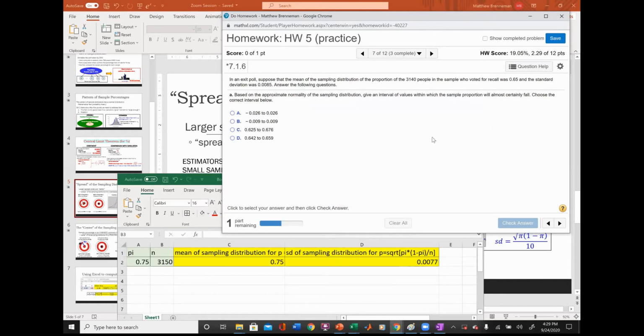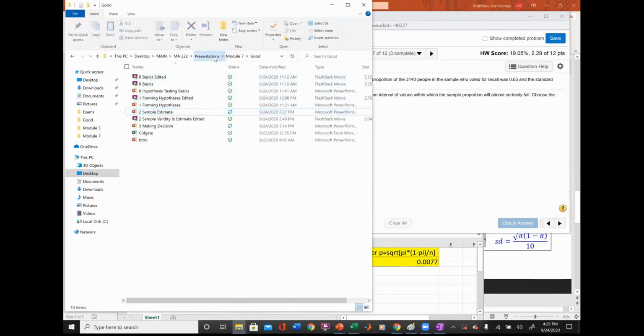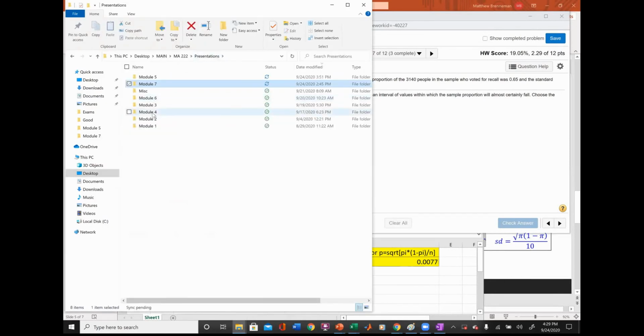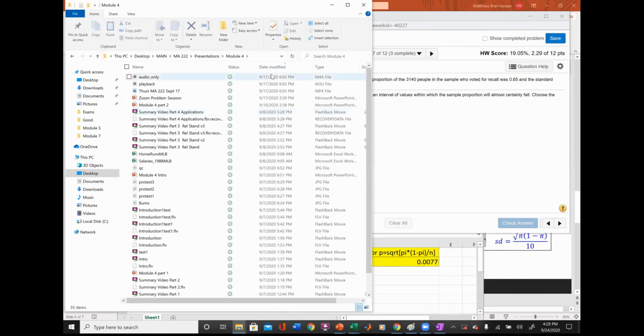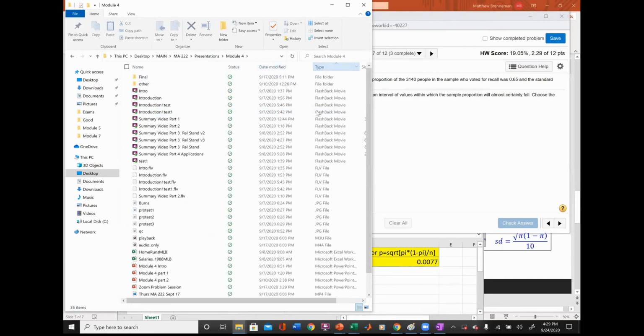So this question here is on a different track. This is using what we learned way back in module 4. We talked about the normal distribution. So let me bring that up really quickly. We go back to module 4.